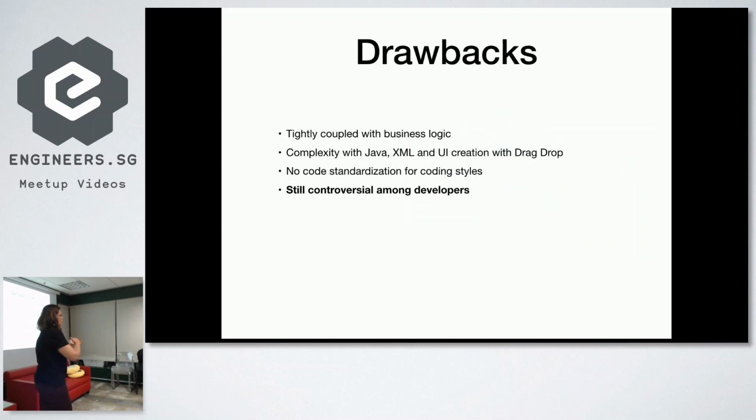So coming to the drawbacks. So I said that we need a new toolkit, but I don't think this is the right one to go with. There are many controversies, because when you move from XML to Java and Kotlin code, people have been working in Android for over a decade. So you're too comfortable, you don't want to move, right?